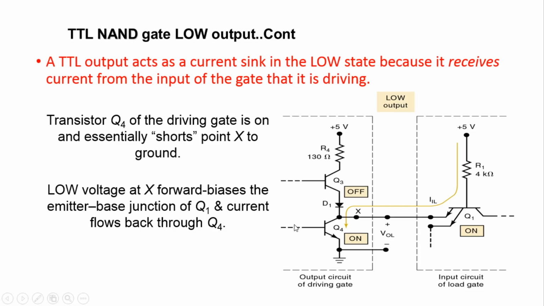Low voltage of X forward biases the emitter base junction of Q1. Here is the emitter base junction of Q1. And current flows back through Q4. See here, the current from the second section is flowing back to the first section. That's why this operation is called current sink.